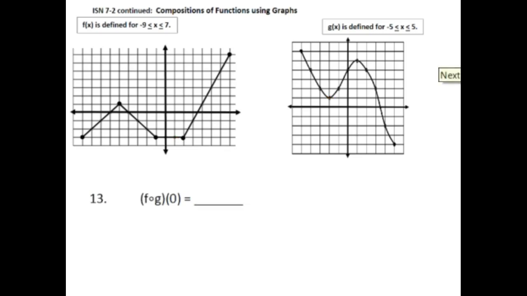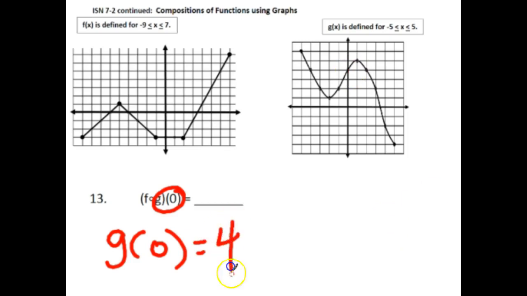Now, this is that other notation. Sometimes, hopefully for obvious reasons, this is called the fog notation. And so this is where you start. G of 0. So I'm going to start on this graph. X is 0, 1, 2, 3, 4.